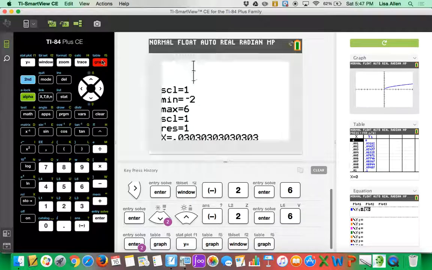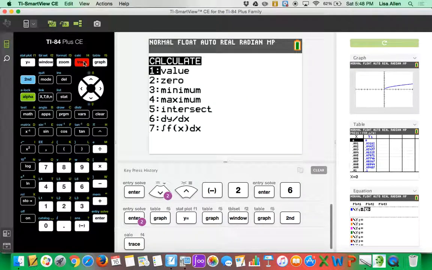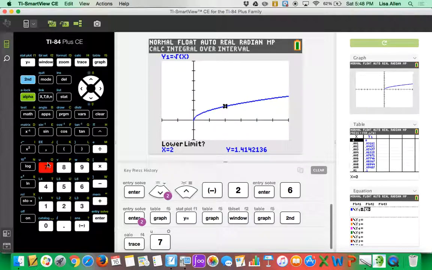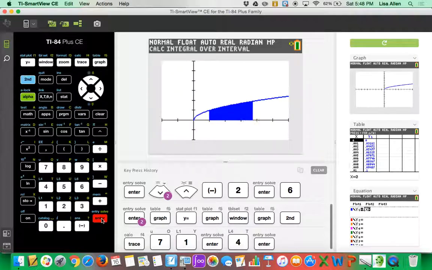Then graph your function, and we'll do the same thing we did in a previous lesson, where we use the calculator to find the value of the definite integral. So we hit second, trace, 7, and we'll say the lower limit is 1, enter, and the upper limit is 4, enter, and we get the shaded area, and it turns out to be 4.6 repeating.